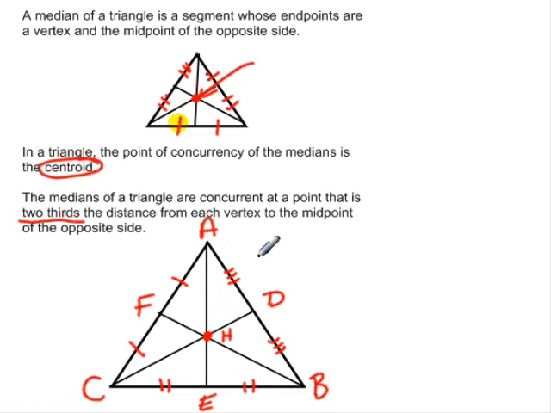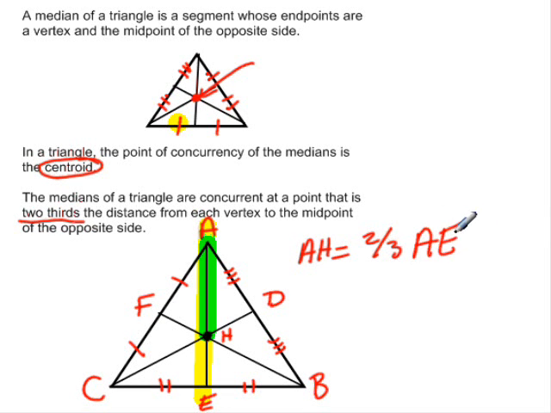So what that means is if I'm looking at AE, this segment right here, the segment from the vertex to the centroid is 2/3, so AH is 2/3 of the whole segment length, AE. So if AH is 2/3, then we can conclude that HE is 1/3. HE is 1/3 of AE.